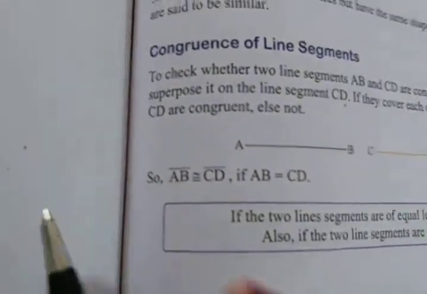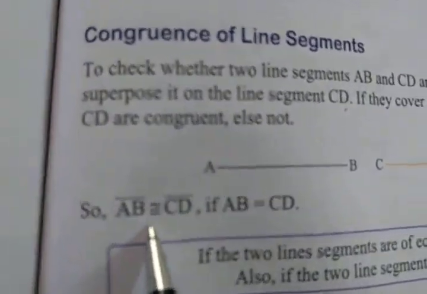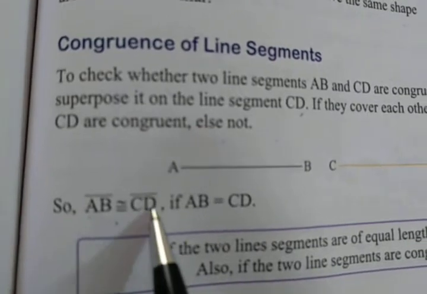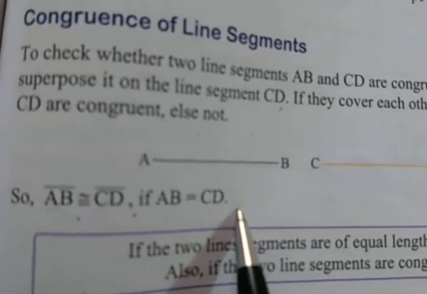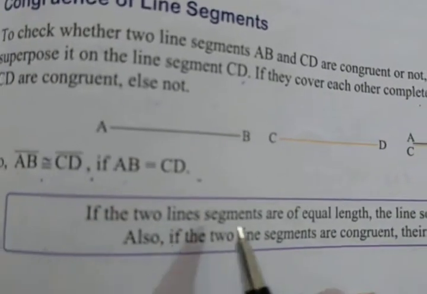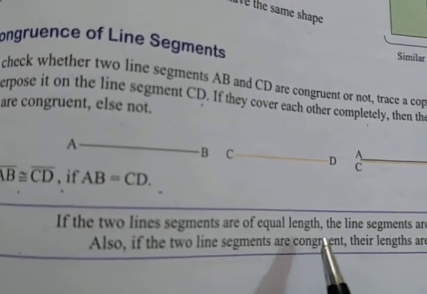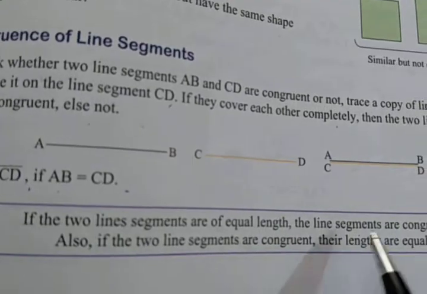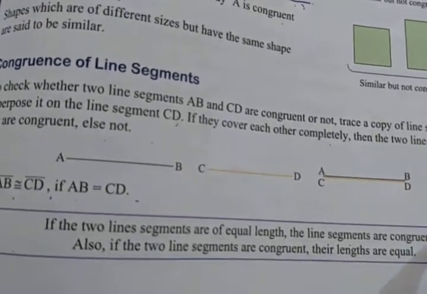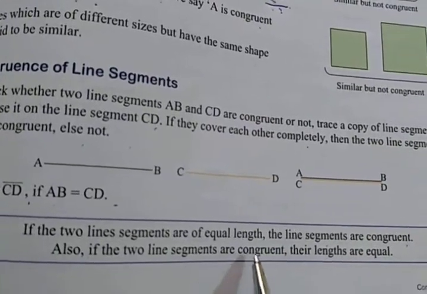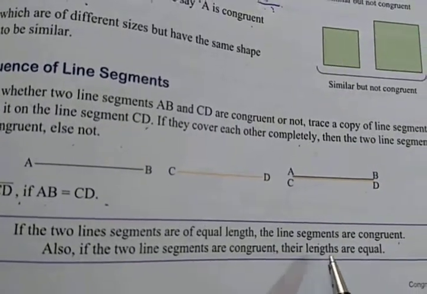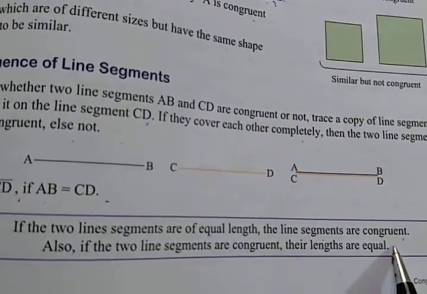We can say line segment AB is congruent to line segment CD if AB is equal to CD. If the two line segments are of equal length, the line segments are congruent. Also, if the two line segments are congruent, their lengths are equal.